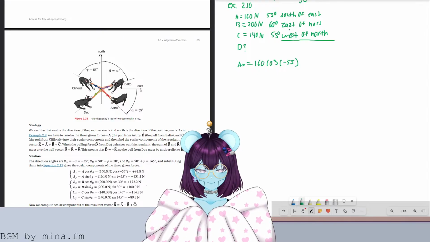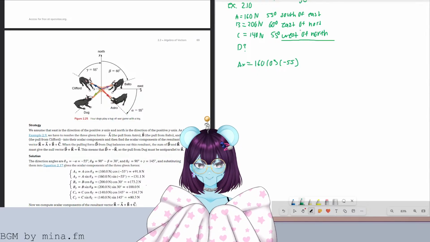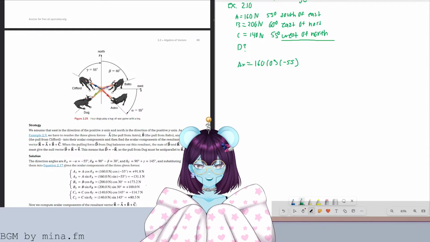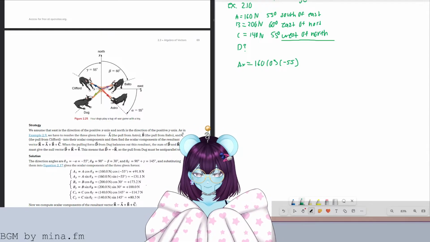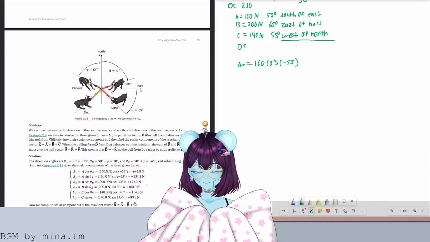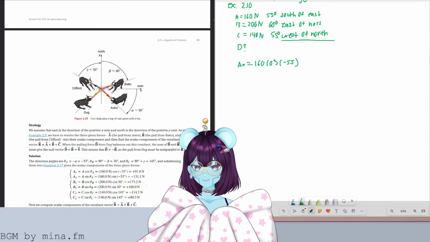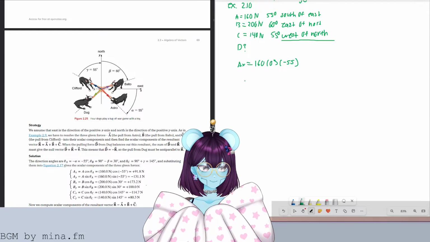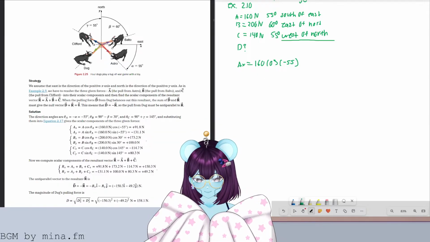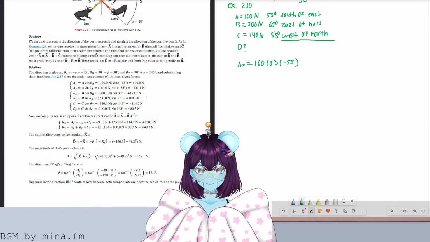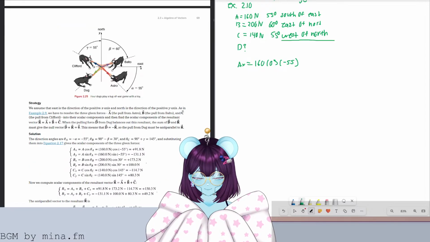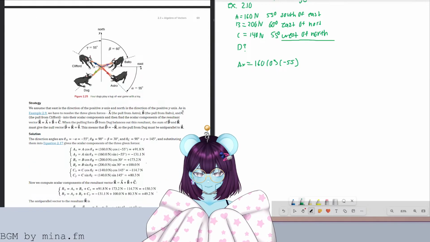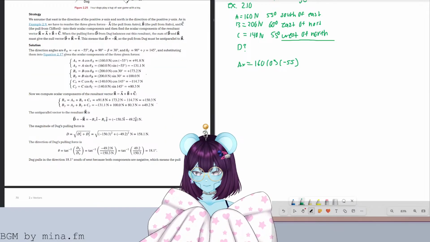I just struggle reading south of east. When I see south of east, I wonder: does that mean you go south and then east 55, or east and then south 55? I always get those confused. But drawing it out like this really helps. So south of east: you go east and then go south of that, so 55 degrees south.